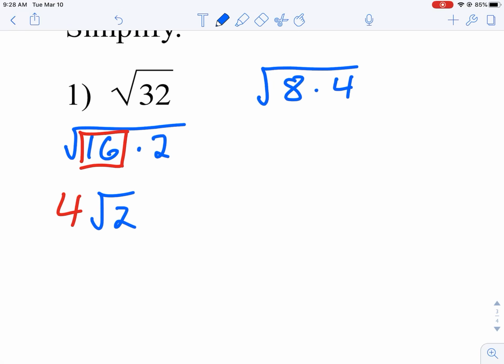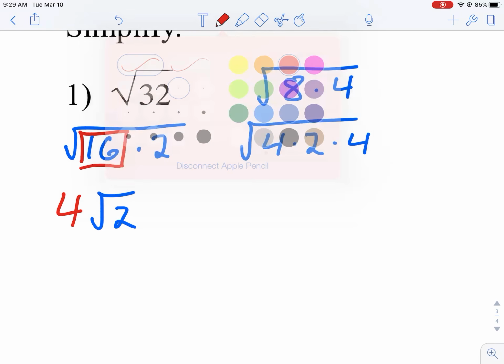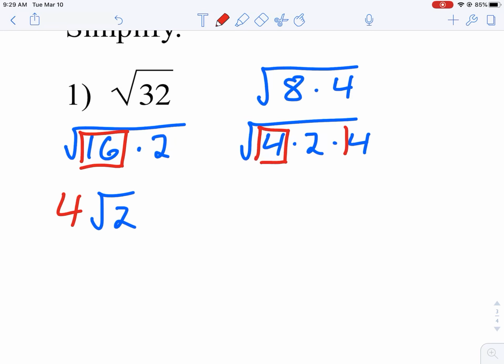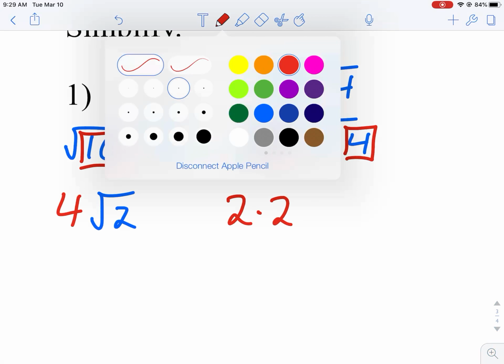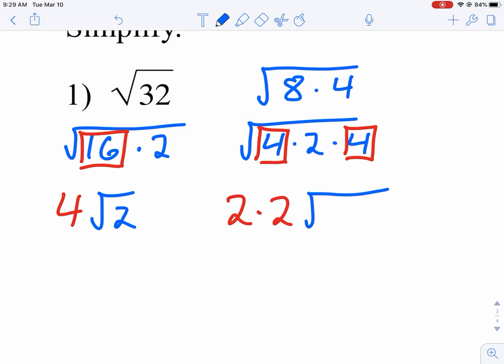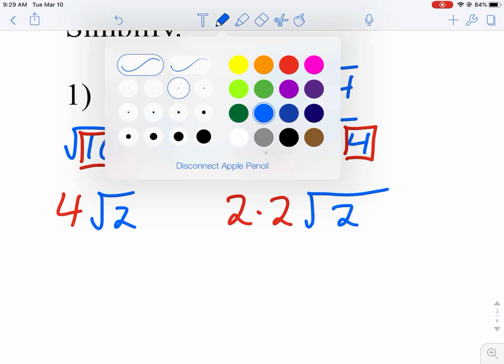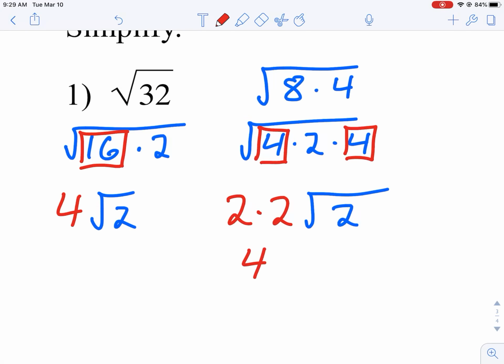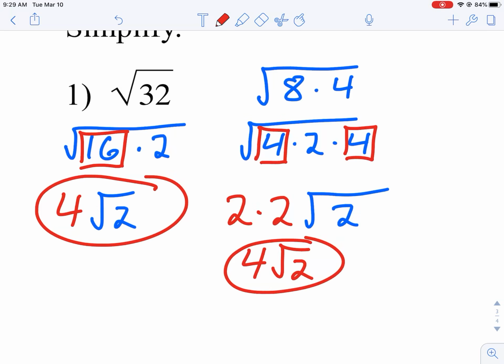And 8 can actually be broken down a little bit more because 8 would be 4 times 2, and you still have that 4 there. Well, there's your perfect squares. I've got a 4 and I've got a 4, which makes a 2 and a 2 on the outside, and anything that comes out we're always multiplying, and then a 2 left over, which gives you 4 square root of 2. So either way, you still get the same answer here.